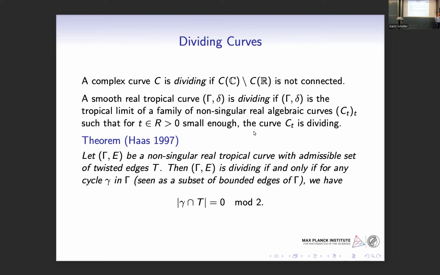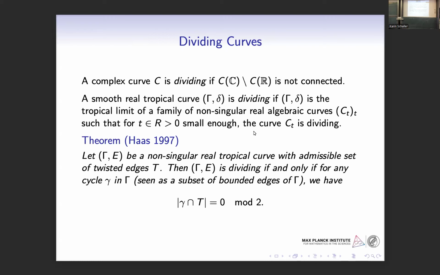The real part divides the complex curve, so this one is called dividing. And tropically, the curve is dividing if it's the tropical limit of a family of dividing curves.